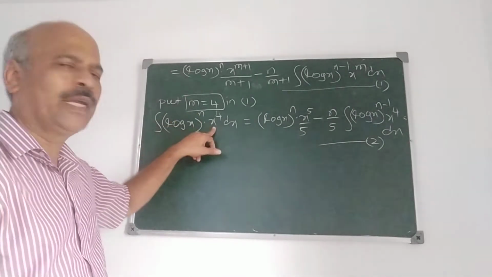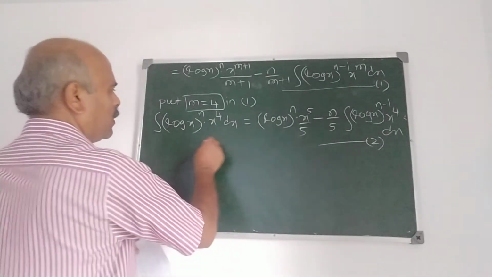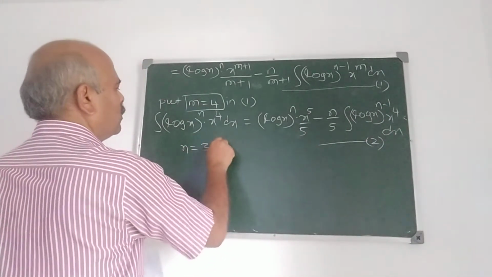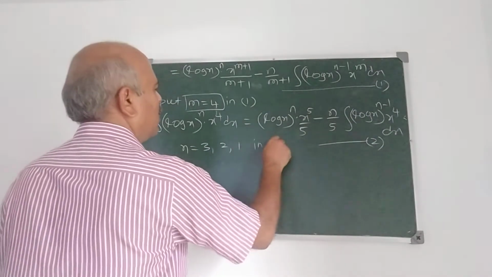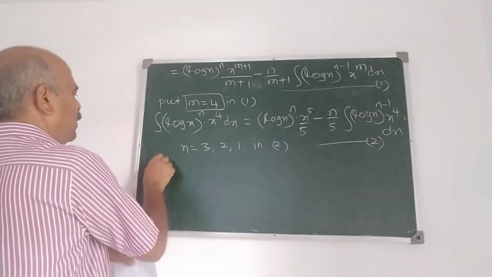So in the beginning we have taken m is equal to 4. What is the next step? Take n is equal to 3, 2 and 1 in 2. Substitute n is 3, 2, 1. What do you get?